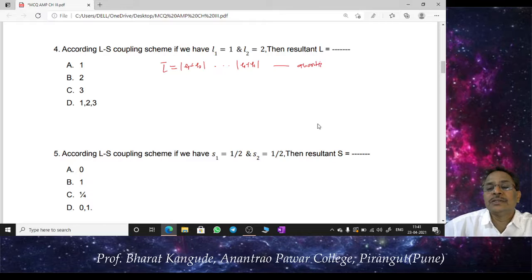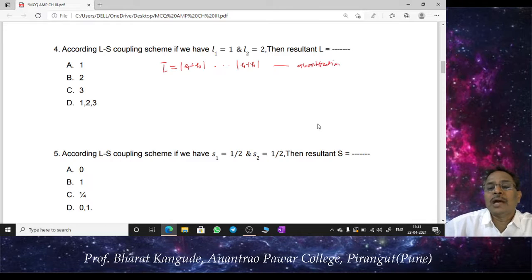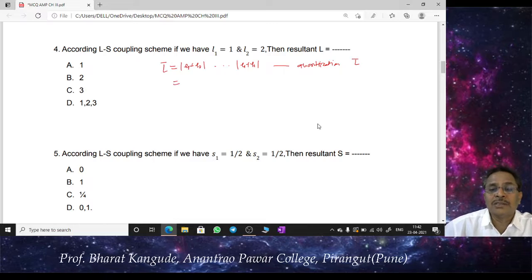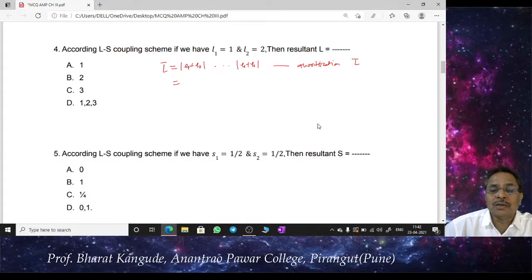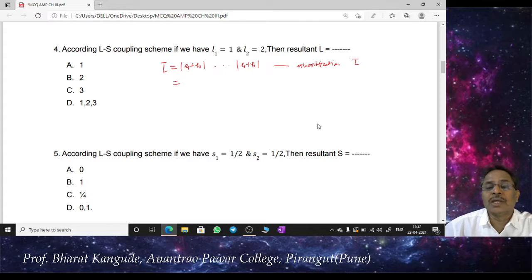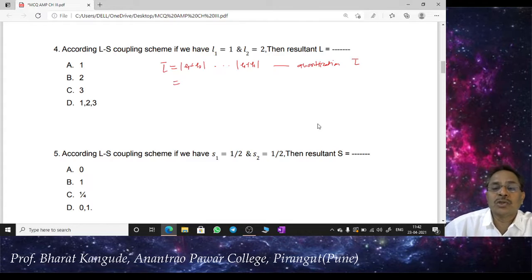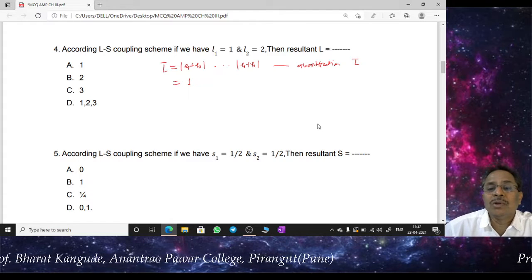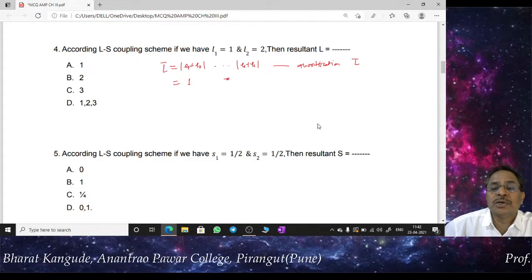That means the L bar should take quantized values in such a manner. Adding 1 and 2, I'll get the difference between L2 and L1, modulus of this. L1 minus L2 is minus 1, but the modulus of that is plus 1. And when we go for the addition L1 plus L2, that is the maximum, this is going to be 3.